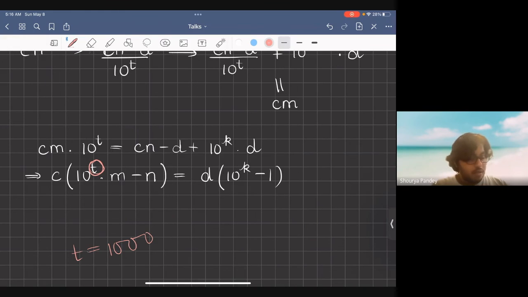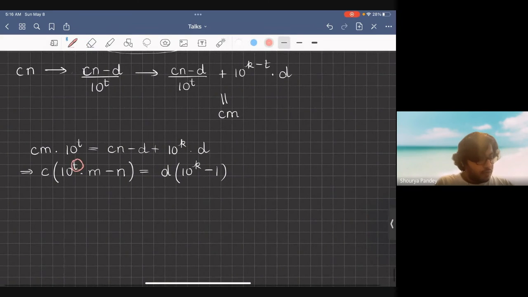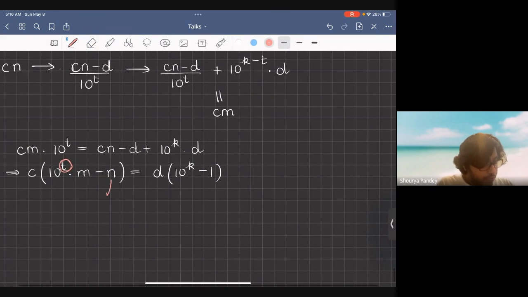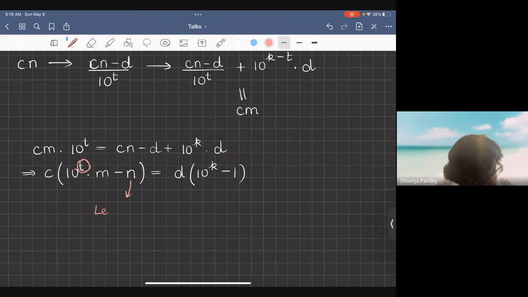So here's the idea. Let p be the power of 2 in n, and let q be the power of, it's a bad choice of letters because these are usually primes. So let me use r and s as the powers of 2 and 5 in n.